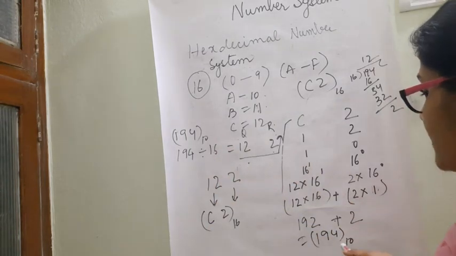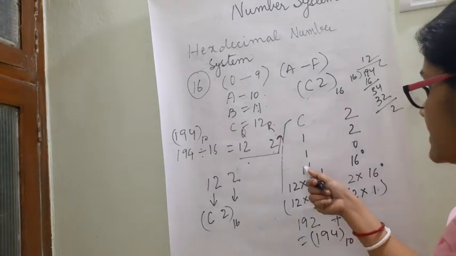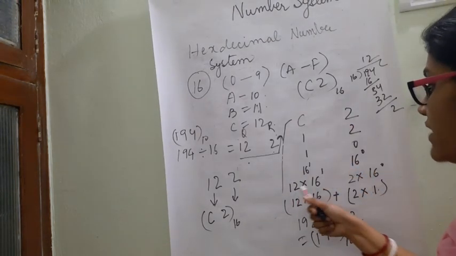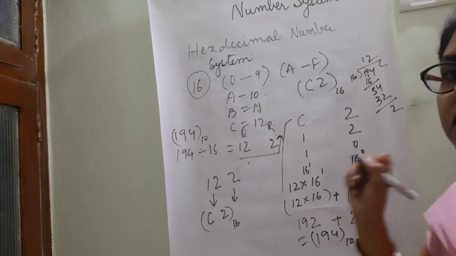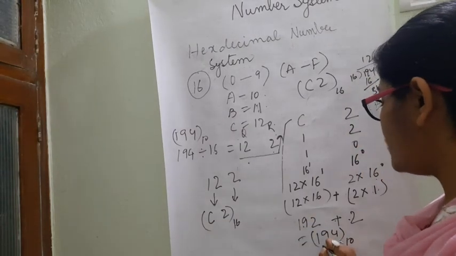We first converted C2 base 16 to decimal. The value of C is 12. 12 into 16 is 192, plus 2 into 1, that is 16 to the power 0, whose value is 1. So 192 plus 2 is 194.